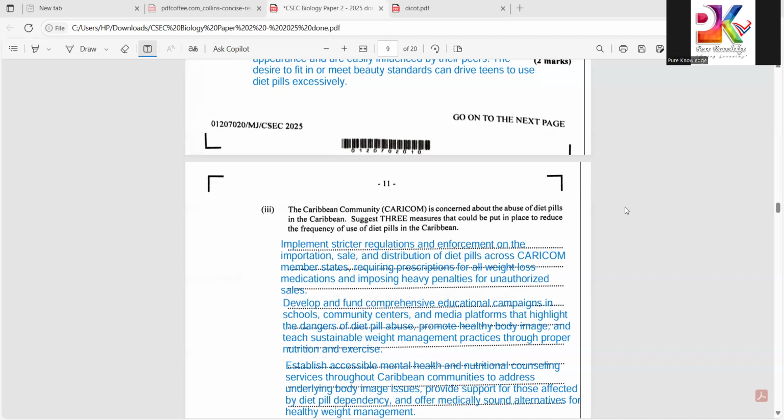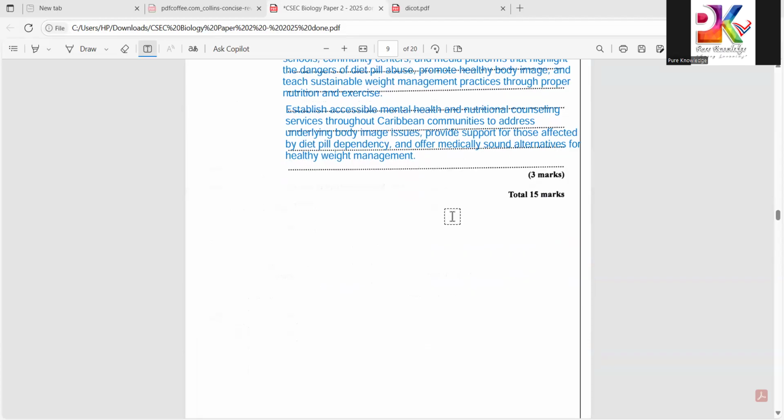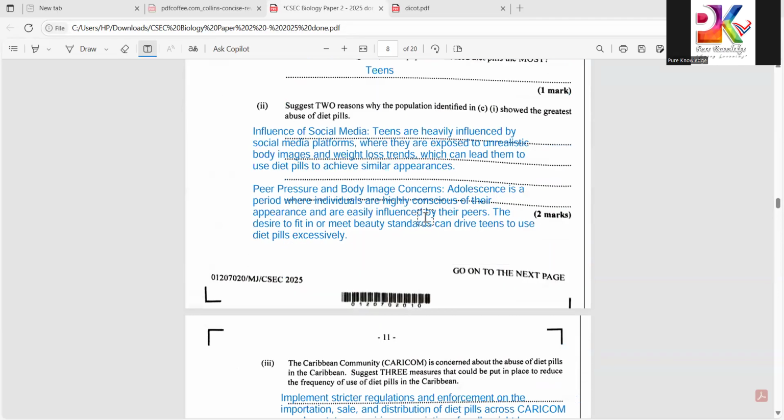So that people with body image concerns can have a support system that they can talk to and get medically sound alternative advice to taking diet pills, things like exercising, proper dieting, if you really want to lose weight, and proper guidance, right? So those are some answers that I came up with, and that totals 15 marks for this section.